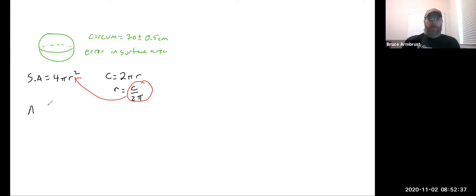So the area is going to be 4 pi times C over 2 pi squared, and that simplifies to A equals C squared over pi. The 2 squared becomes a 4 that cancels with that 4, and then the pi squared on the bottom cancels with one of the pi's on top.